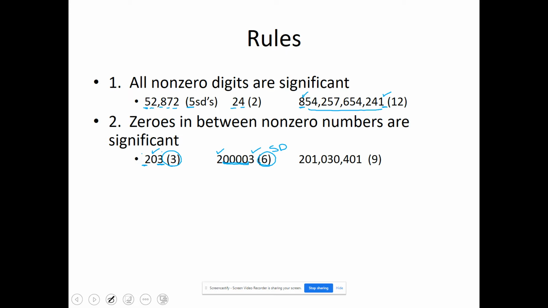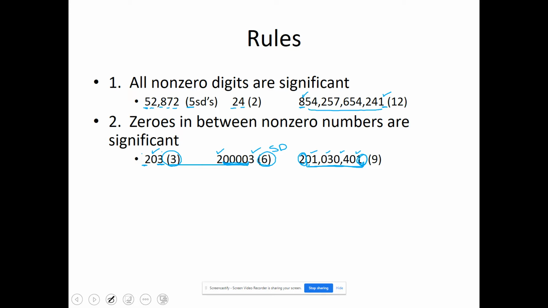Same thing, it could have 1 zero like the first example. It could have a number in the middle. It could go every other one is a zero. It doesn't matter. If the first number is significant and the last number is significant, everything in between is significant. Whether they're zeros or non-zero numbers, everything in between counts.